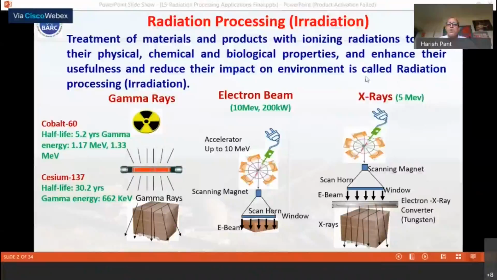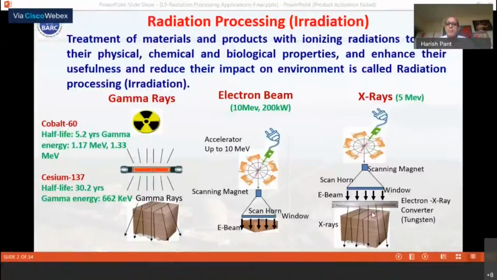Now, another source is X-rays. Actually, these electron beam machines can be operated either in electron beam mode or in X-ray mode. When high energy electrons are bombarded on a converter, let us say tungsten, then the X-rays are emitted.